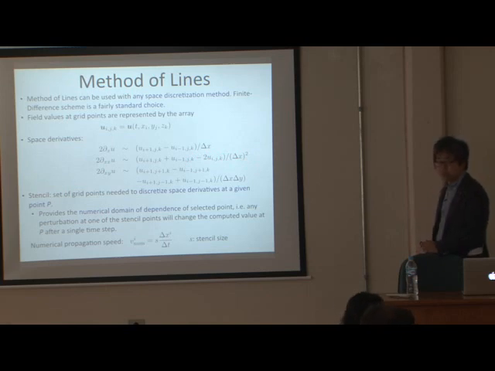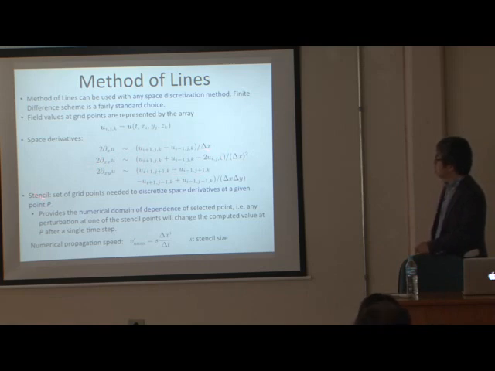So this is the second order derivative. If it is a mixed x and y derivative, we can also calculate it using the discrete points i plus 1, j plus 1 or i minus 1, j plus 1. So any kind of spatial derivative you can calculate using these discretized points.